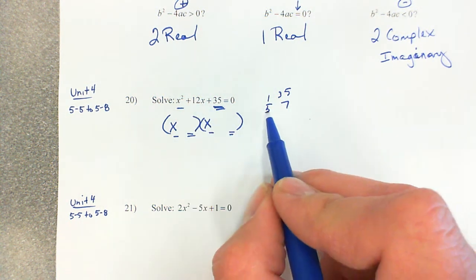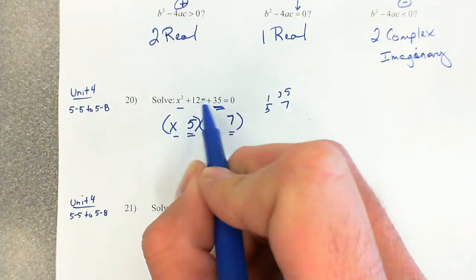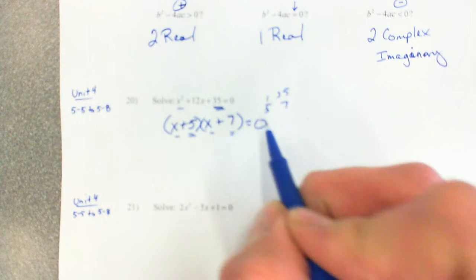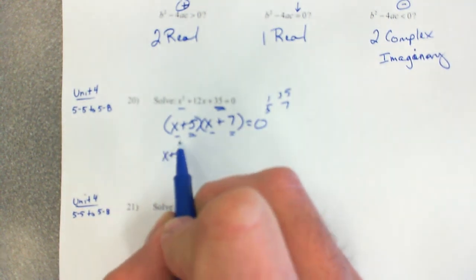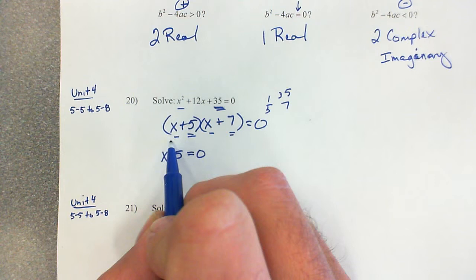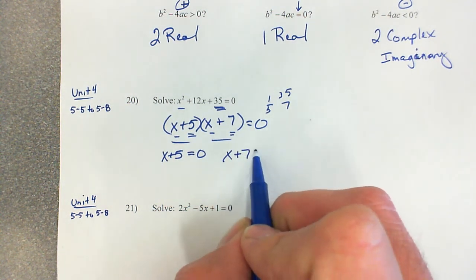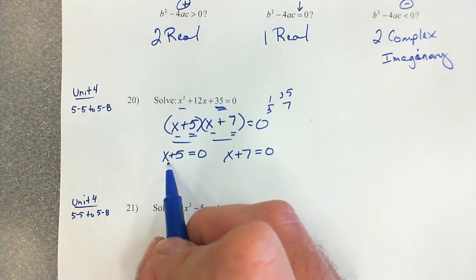Well, 1 and 35 can't get you 12, but 5 and 7 can. So this is 5, this is 7. Since the signs are both plus, these are both plus. So this is equal to 0. And then recall from the zero product property that each one of these could be equal to 0, because if two numbers multiply together to get you 0, then one of these two has to be equal to 0.